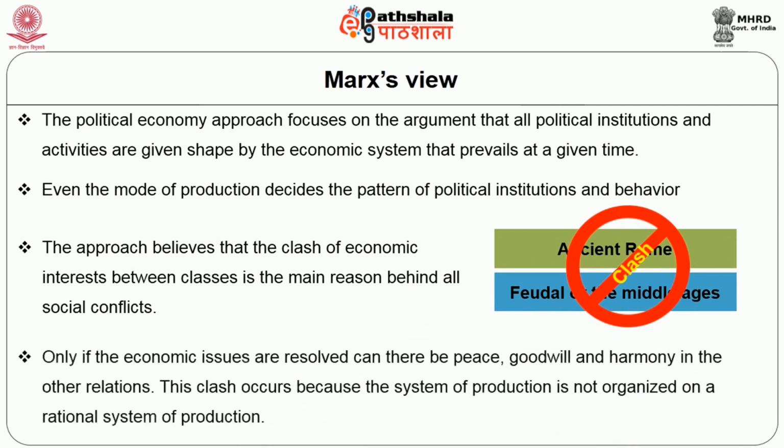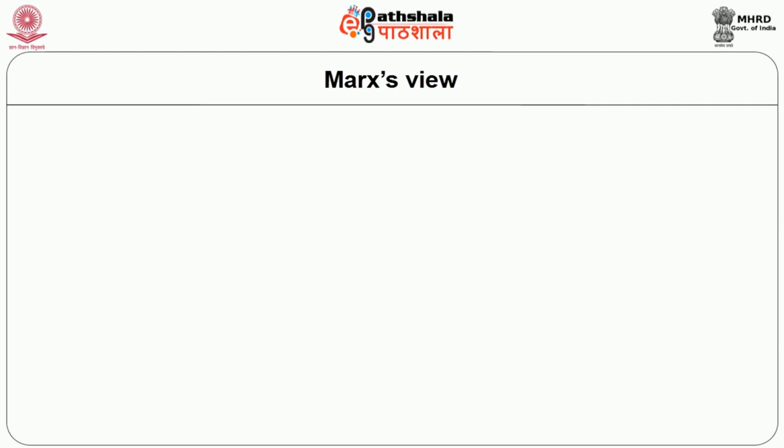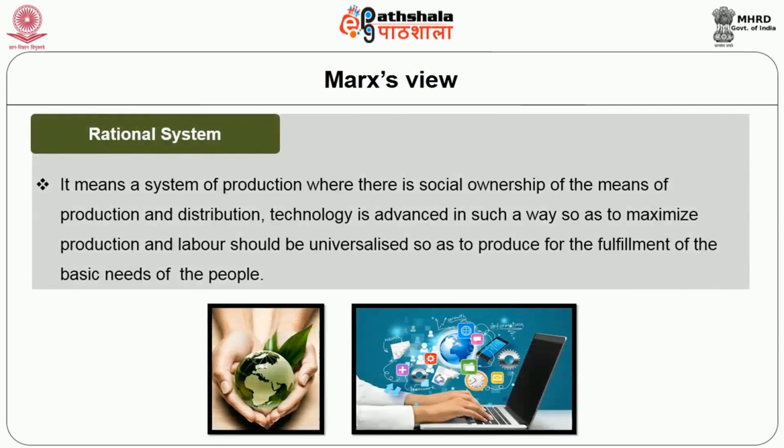Only if the economic issues are resolved can there be peace, goodwill, and harmony in other relations. This clash occurs because the system of production is not organized on a rational basis. A rational system means a system of production where there is social ownership of the means of production and distribution.